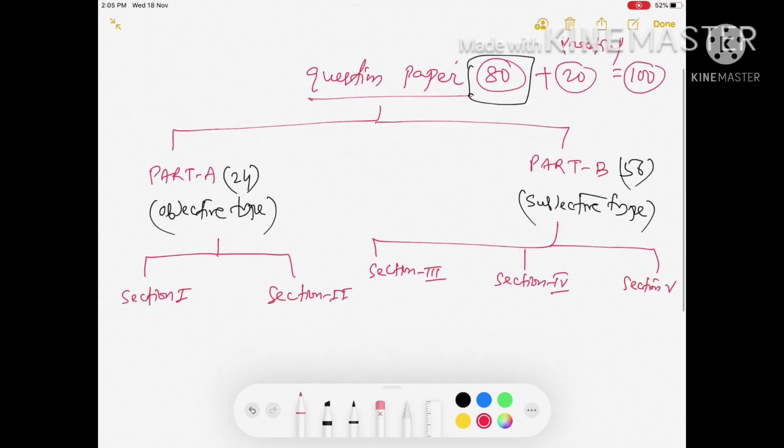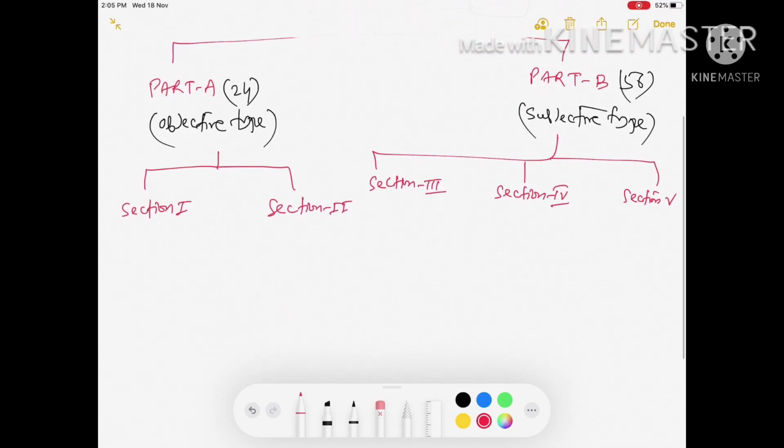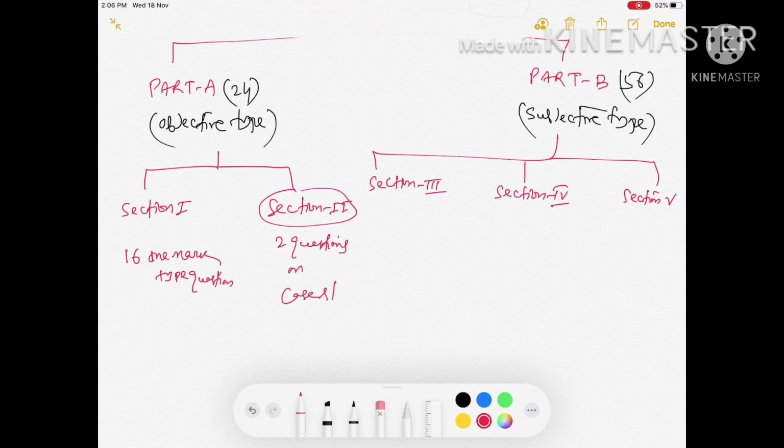Now section 1 will contain 16 one-mark type questions. For section 2, two questions will come on the case study method.